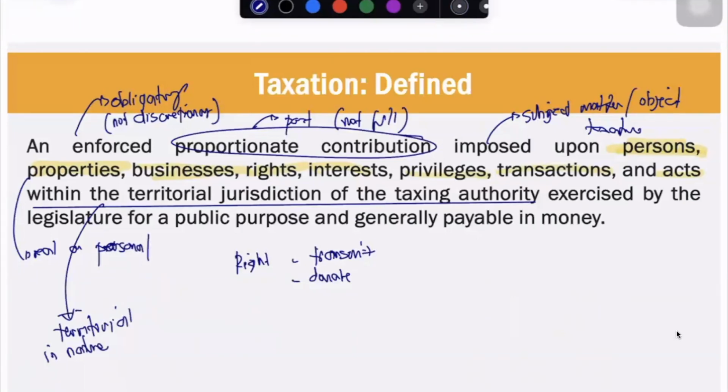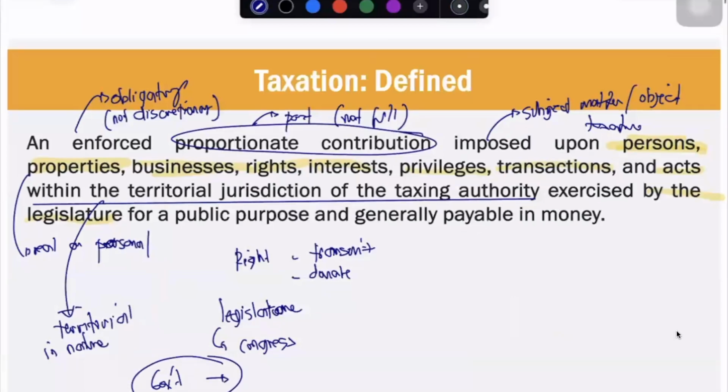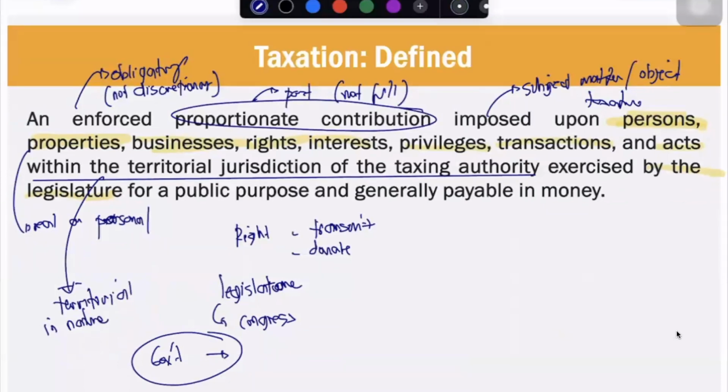Next, it is exercised by the legislature for public purpose. When we say it is exercised by the legislature, it is exercised by the Congress. Normally we say that taxation is a way of the government to defray the expenses. And when we talk about the government, we have the three main branches: your executive, legislative, and judiciary.